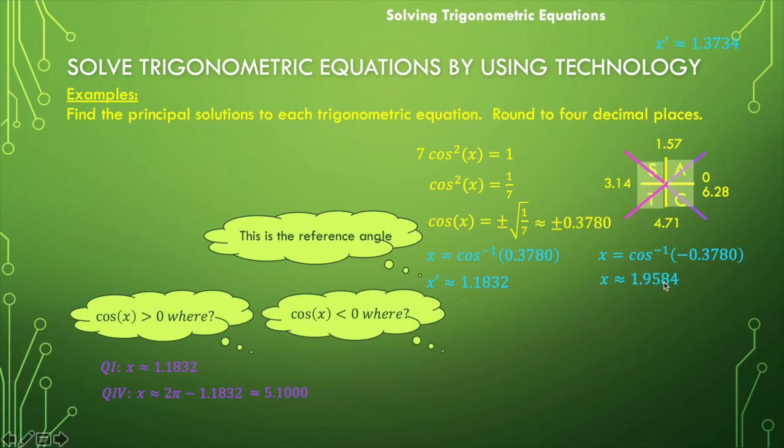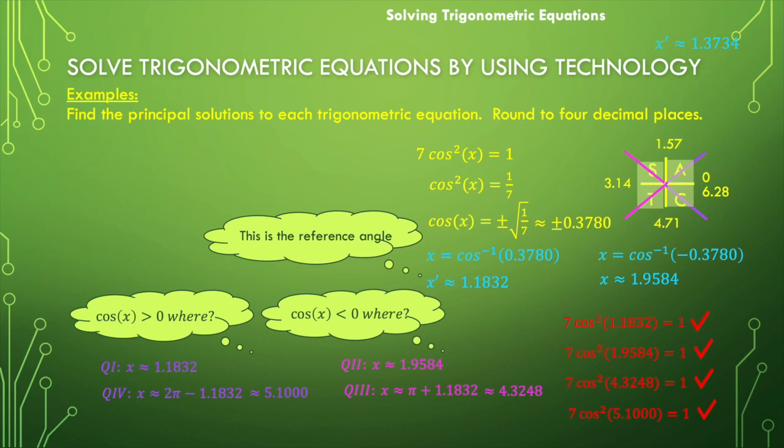This 1.9584 falls right in that second quadrant, so that's our Q2 angle. And now we just need our Q3 angle. So we're going to go beyond pi by that reference angle. So pi plus 1.1832. All right, which is approximately 4.3248. Double check those answers all the way down. And I think we're all in good shape.